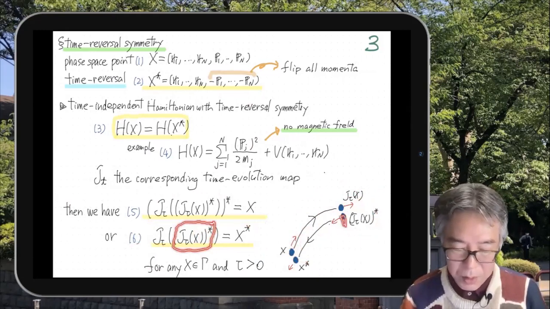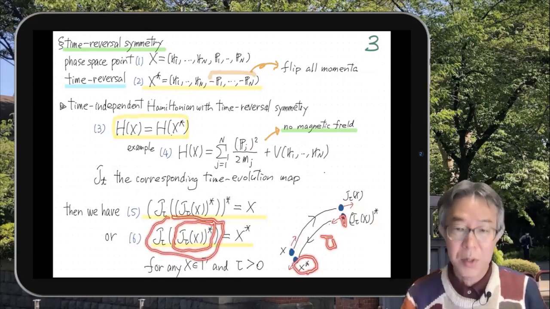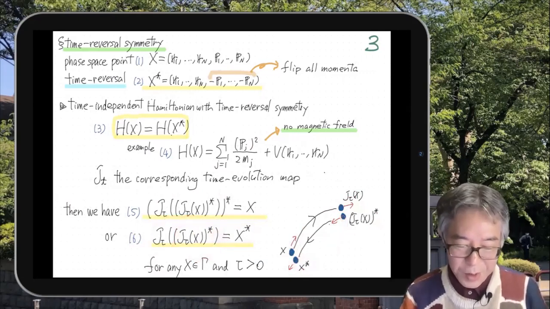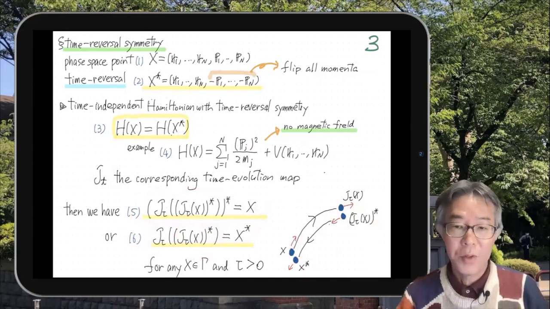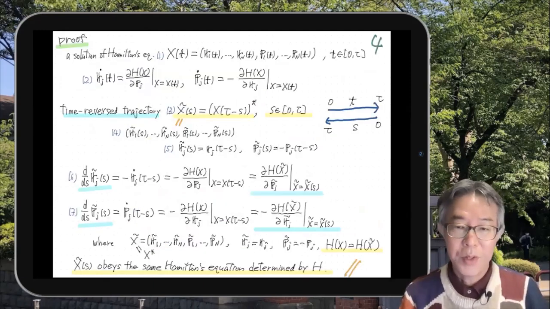And then you let it evolve by time tau, and you end up with state x star. Okay, good. In order to make this simpler, it's not simple, but if you take star of everything, you get this thing. So this is the time reversal symmetry. Good. And proof, of course.